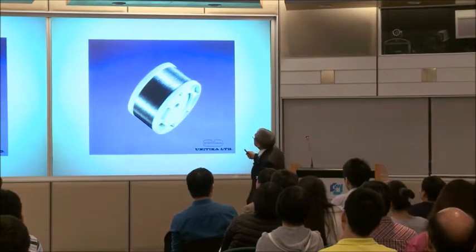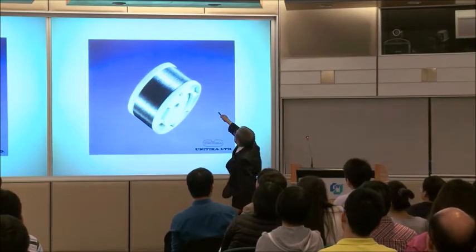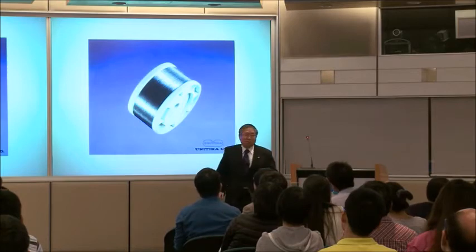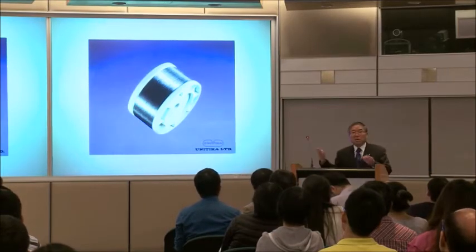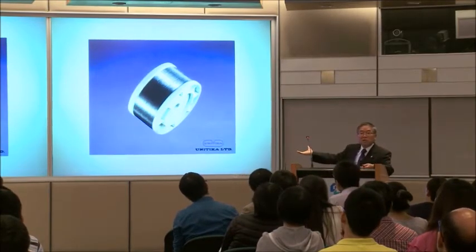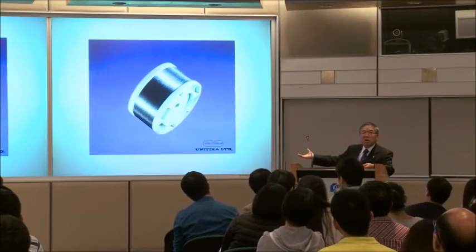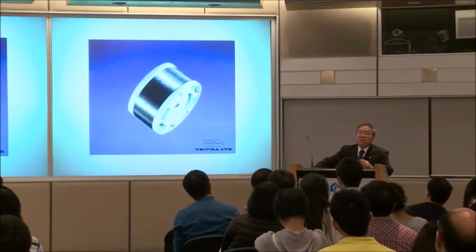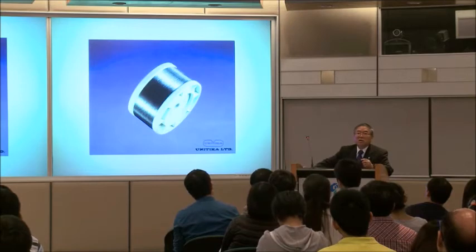You can see the amorphous wires here in this part. In this case, we can get almost 1 million Kelvin per second. We can get the high cooling rate.